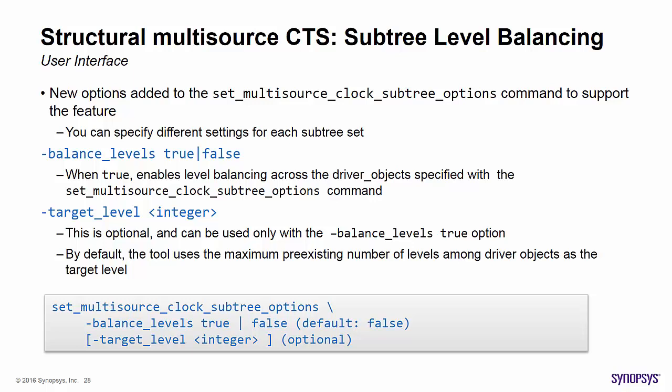By default, the tool uses the maximum level out of pre-existing number of levels among driver objects as the target level. Different settings can be specified for each subtree set.